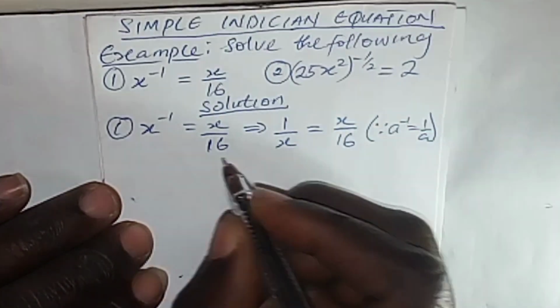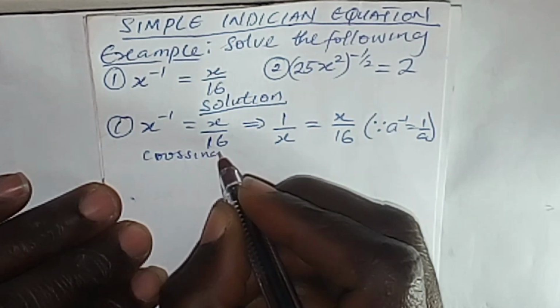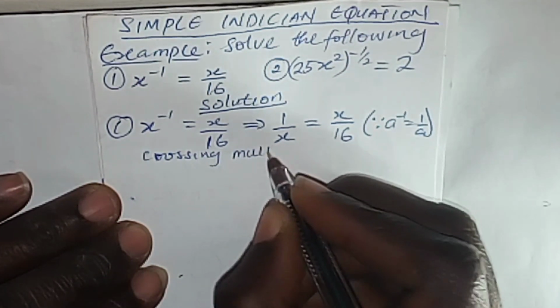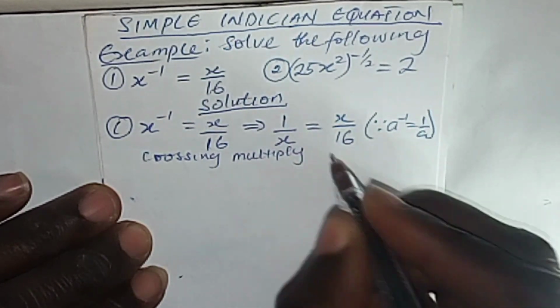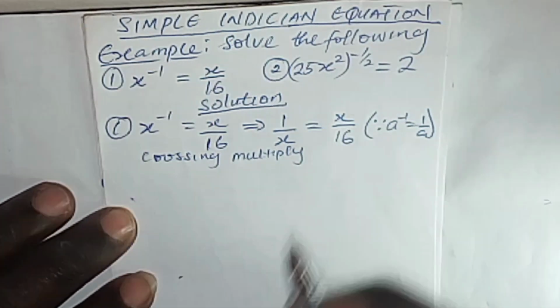So from here we cross multiply. That is, this one is multiplied by this one, and this one by this one.